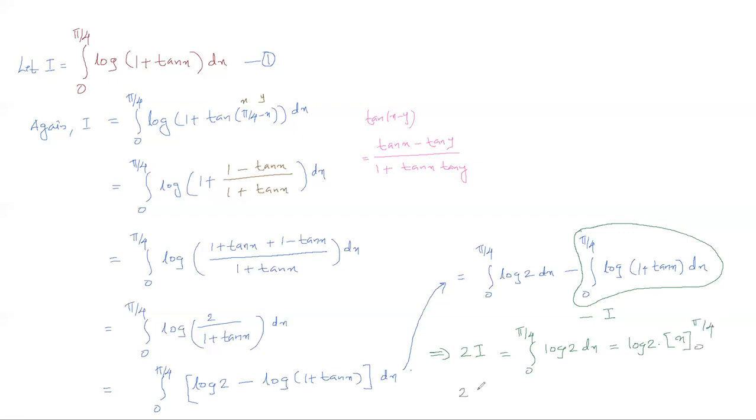That means 2I equals log 2 into upper limit minus lower limit, pi by 4 minus 0, that is pi by 4. So that implies I is equal to pi by 8 log 2.